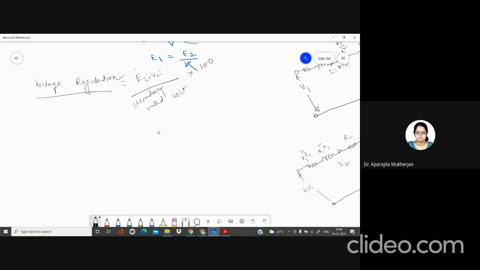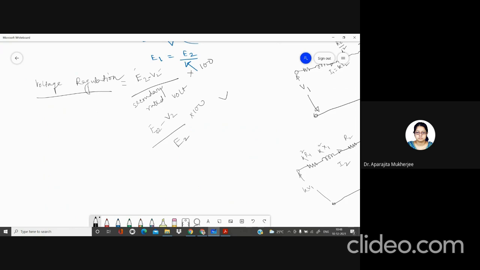As E2 is the EMF induced in the secondary, the percentage regulation may be E2 minus V2 by secondary rated voltage into 100%. Also we can write E2 minus V2 upon E2 into 100. That is the percentage regulation.